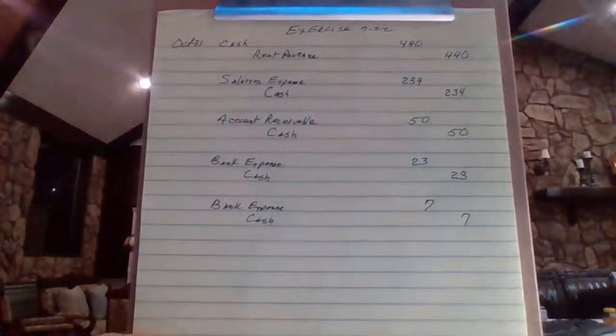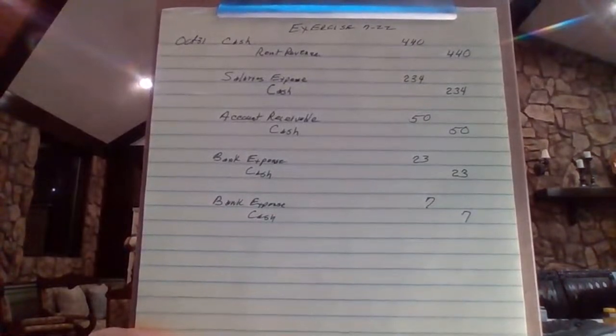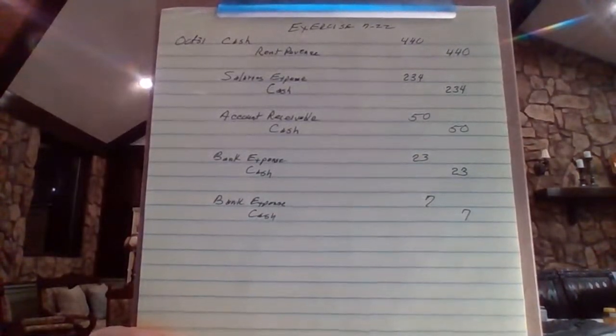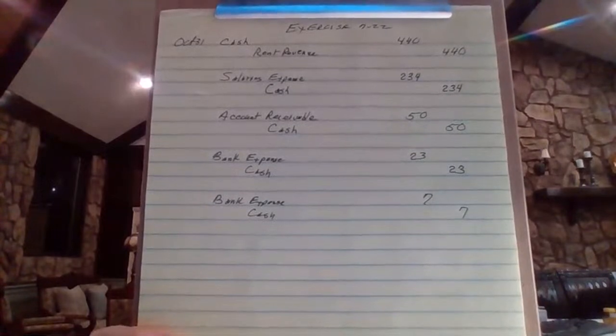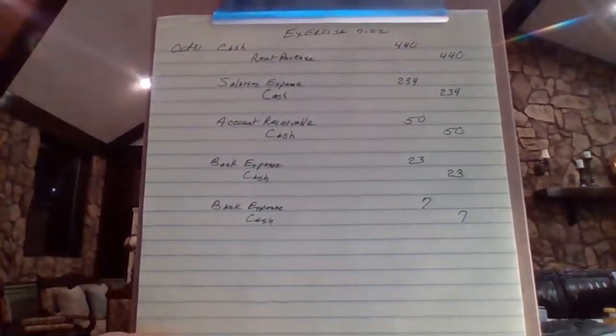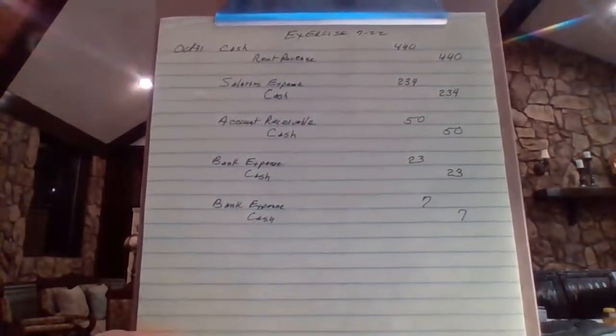I didn't put explanations in here, but you could. This one would have been to record the bank service charge. The previous one would have been to record the fee for the printed checks. The one above it would have been to record the NSF check, and the two prior would have been to record the error on the payroll check, and then finally to record the EFT collection of rent.